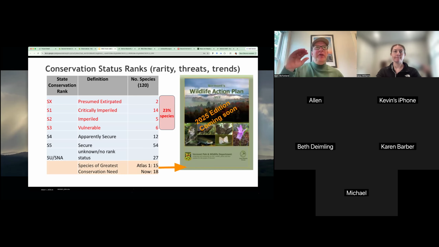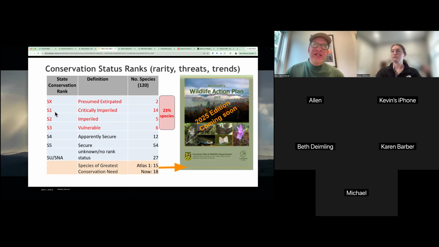To get into a little bit about some of the uncommon stuff, there's a couple of rankings that we do, and we can only do this because of the butterfly atlases and all the data that you have all helped collect. We're able to start ranking things. So we have these state conservation ranks, which go from extinct on up to very common.